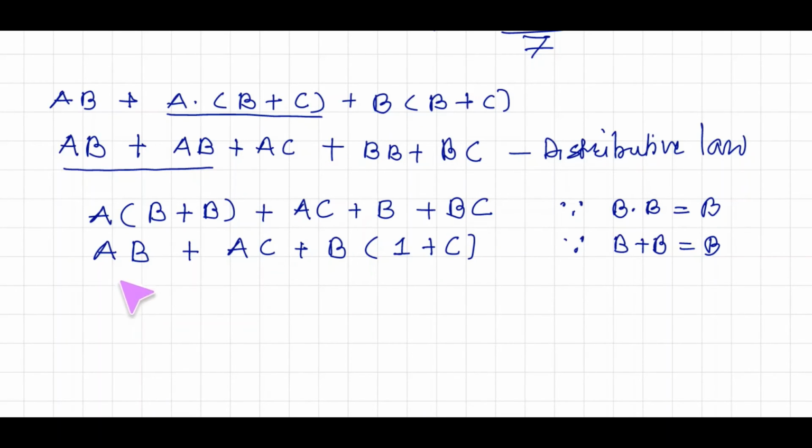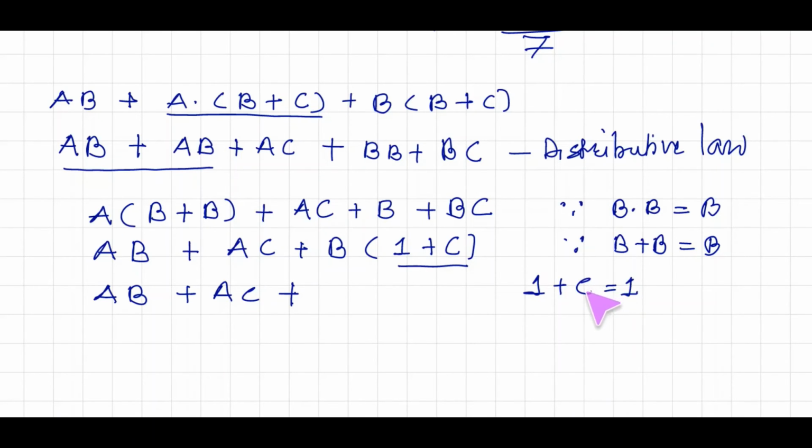So here it can be simplified. AB plus AC plus, now remember that 1 plus C, whatever the value of C, maybe it is 0 or 1, the effective result will be 1.